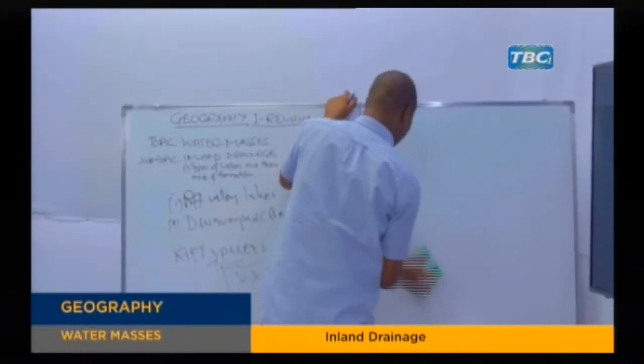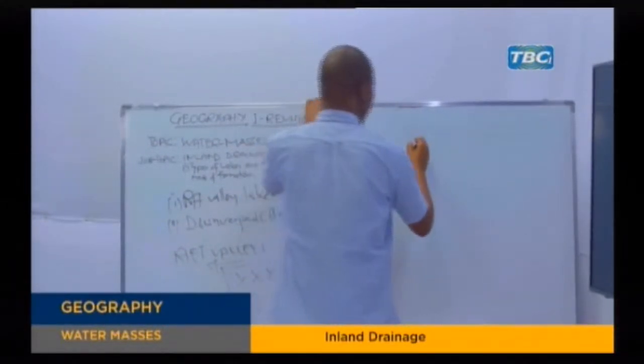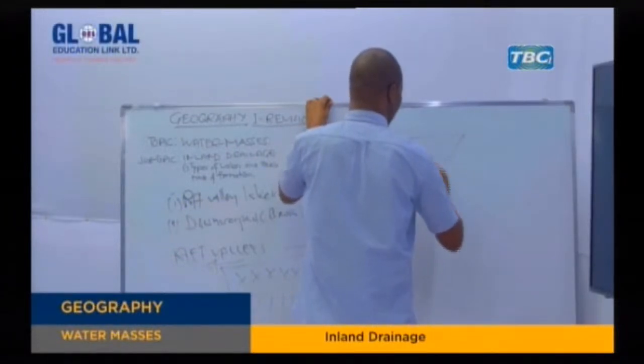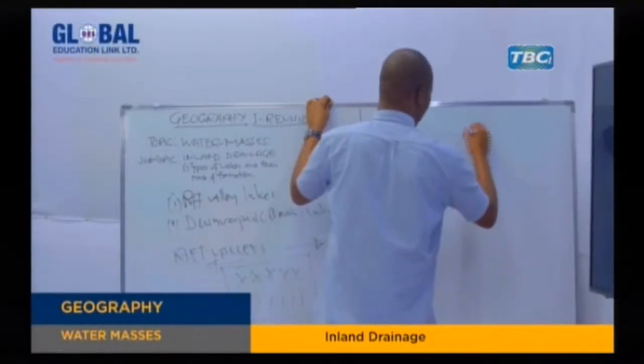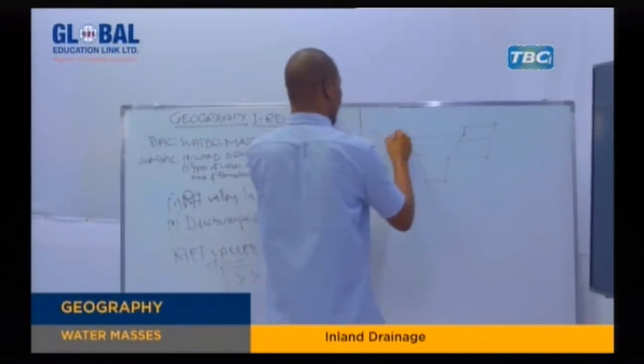The gap formed after the movement of the plates away from each other, we call it the Rift Valley.